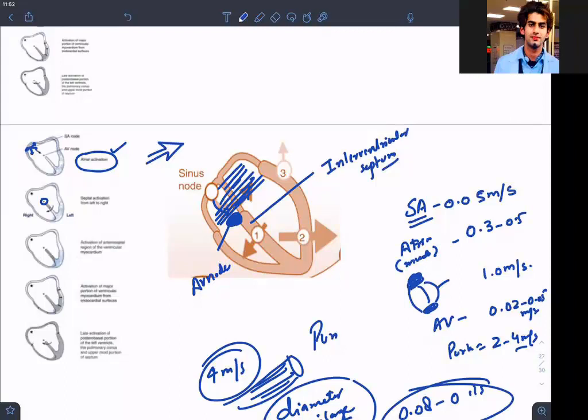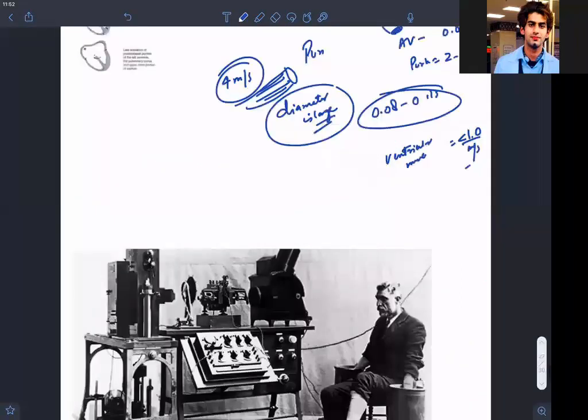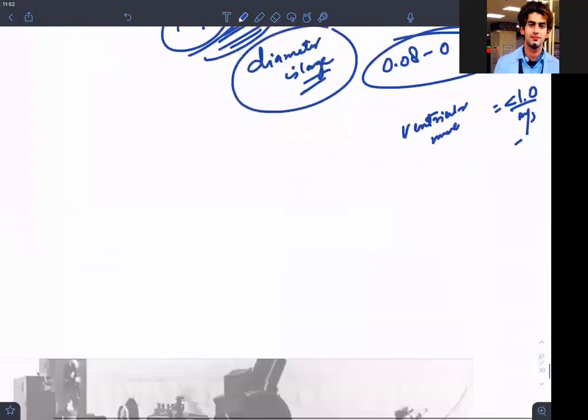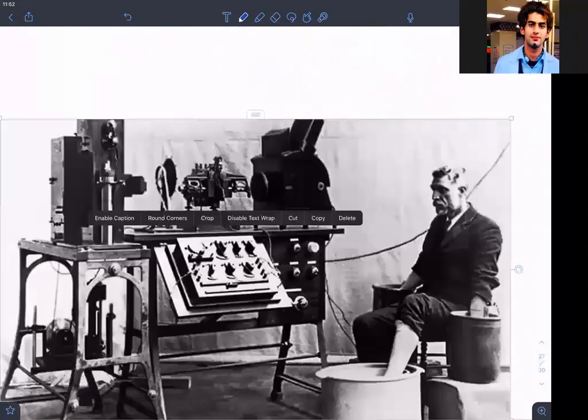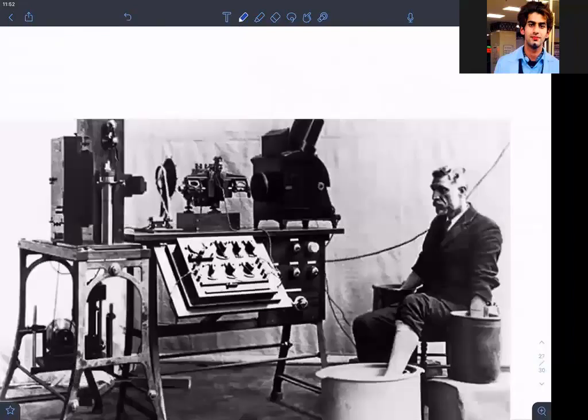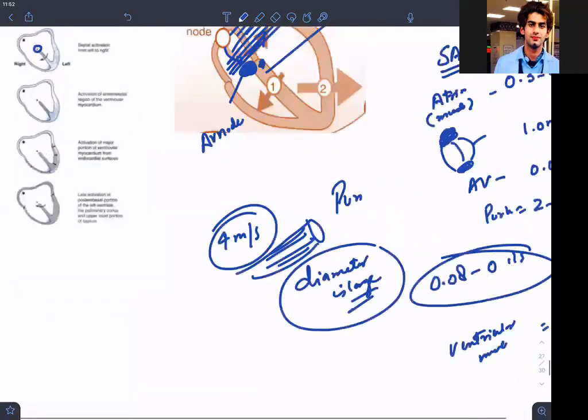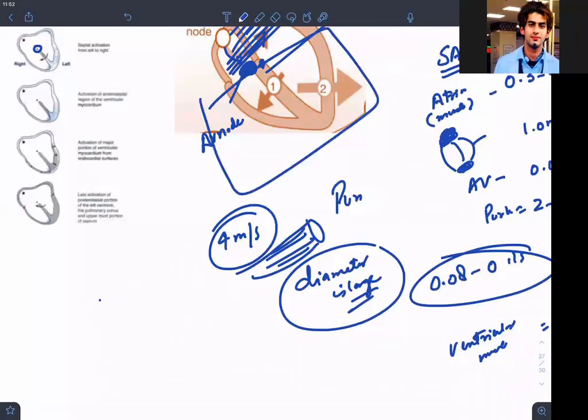Write it like an arrow, please. This story is important. Left side of the interventricular septum, IVS, I will write.